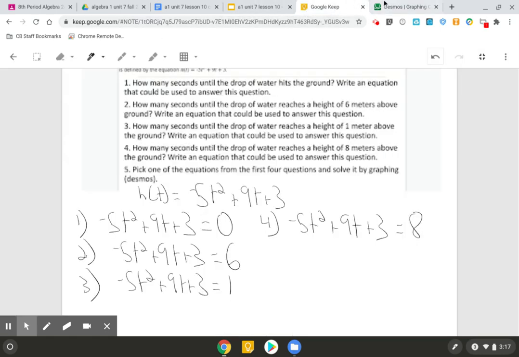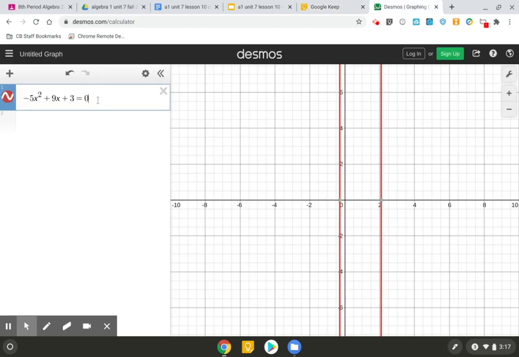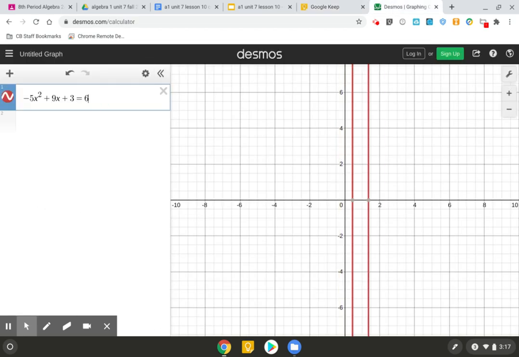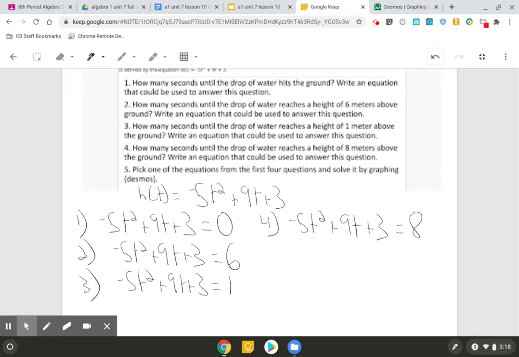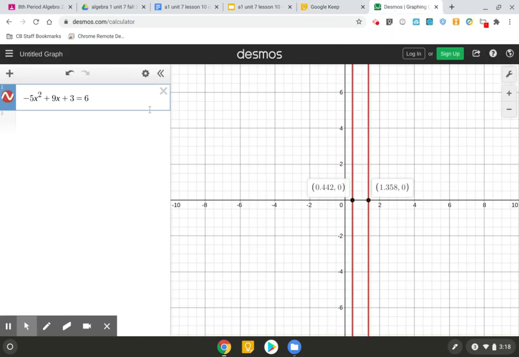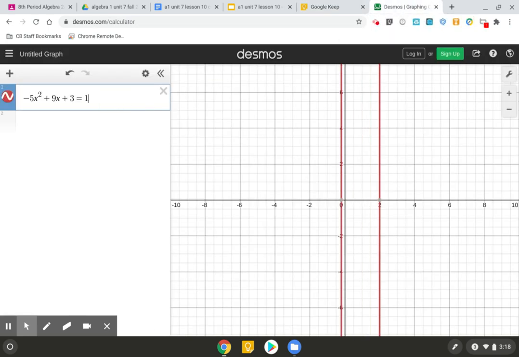So if I wanted to set it equal to 6, I change that and set it equal to 6. Okay, and again, look at where the graph crosses the x-axis. Those are my two solutions. And I can do the same thing for the other two. So if I wanted to find how long until it reaches a height of 1 meter above the ground, there we go.